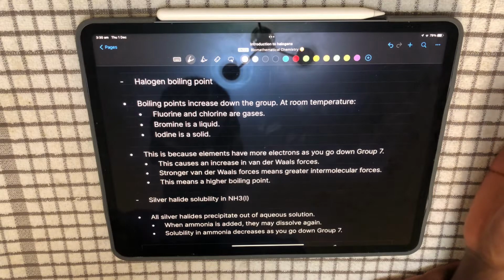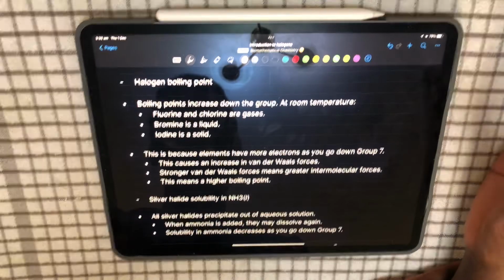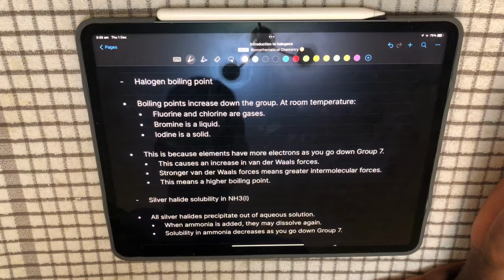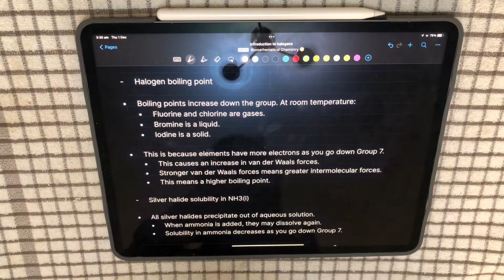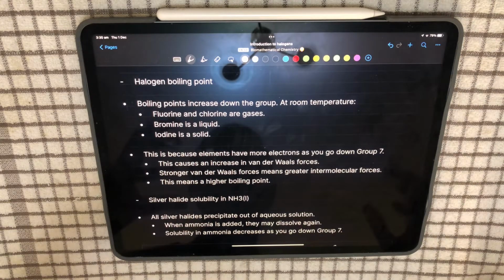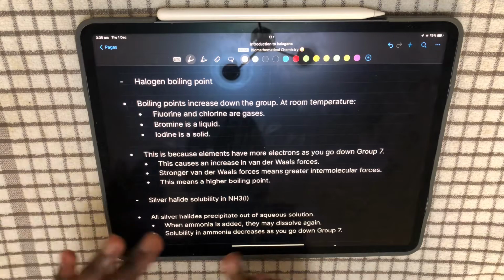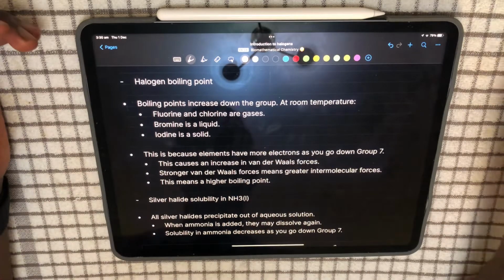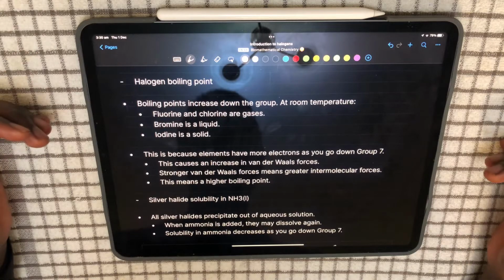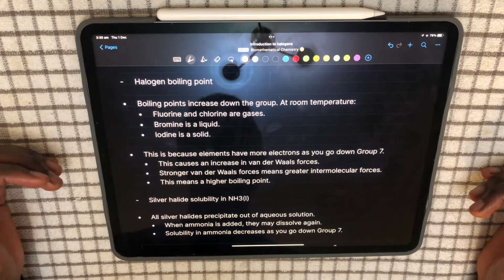With stronger van der Waals intermolecular forces, more energy is needed to break them down, and therefore it's generally regarded as a more structurally stable crystal, and it will have a higher boiling point. As you go down, there'll be more electrons, and therefore stronger van der Waals intermolecular forces.